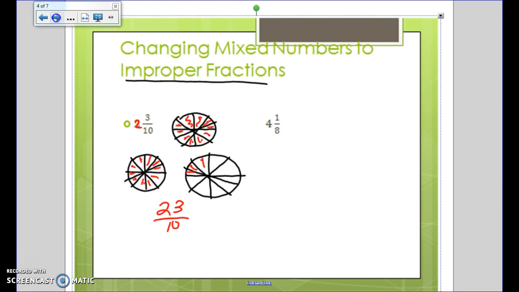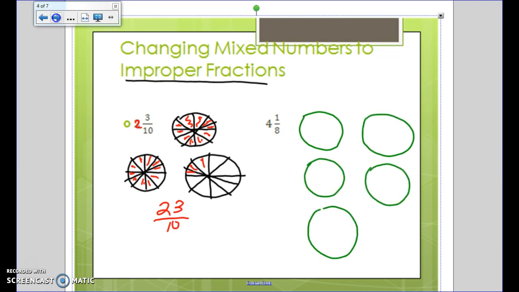Okay. Let's take a look at one more diagram here. And this time we have 4 1/8. So I need 4 wholes and 1/8 of the next whole. And because it's 1/8, I'm just going to cut them all into eighths.